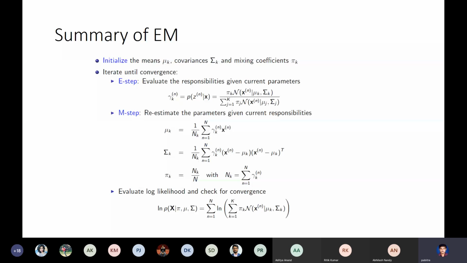I have explained it for only the Gaussian mixture model. In fact, this is a much more powerful algorithm. This can be used for any hybrid inferencing procedure. The fundamental principle is that the E step computes the full posterior estimate of the latent variables. The M step is a point estimate of the global parameters. Gamma k is local, it is specific to x; the location of x will determine the belongingness to cluster 1, cluster 2, cluster 3.